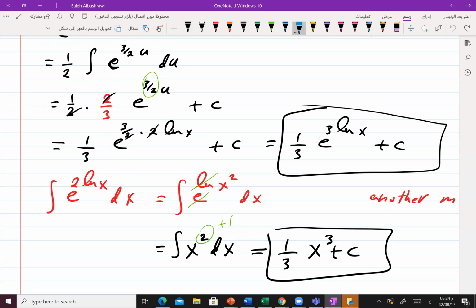Yes, they are the same, because this will be power, so it is 1/3 e to power ln x to power 3. So this will cancel this one. I will have 1/3 x to power 3 plus constant c. You can see they are the same. So either you can use the u substitution or you can use the properties of the logarithms to make the integration easier and evaluate.